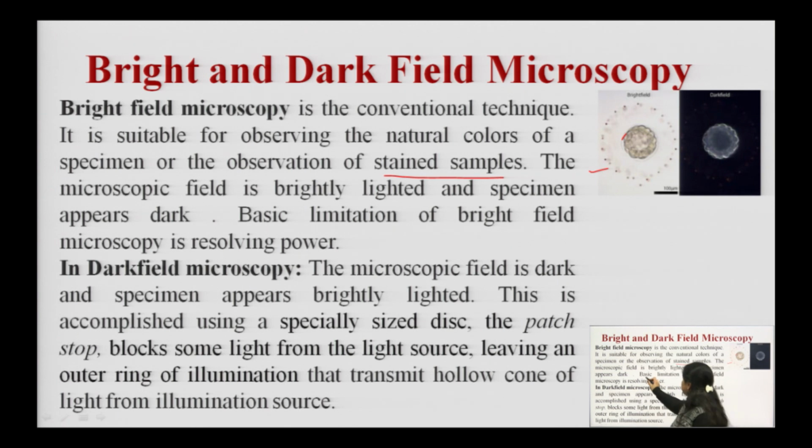That is the basic limitation of bright field microscopy, that its resolving power is very low. That is why the scientists and researchers tried to work on how we can see the organelles within the sample, and how we can see the transparent cells.